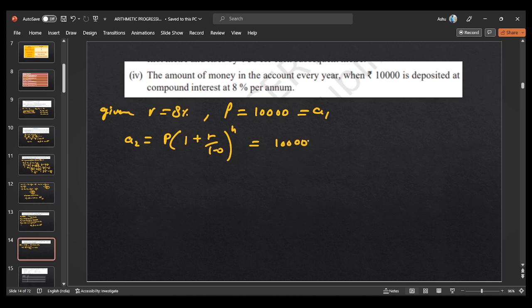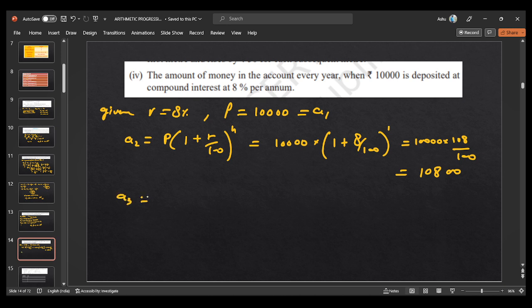Clear? Then 1 plus rate is given 8 by 100, and number of times 1. 100 plus 8 by 100, into 108 by 100. After solving this, we will get 10,800.